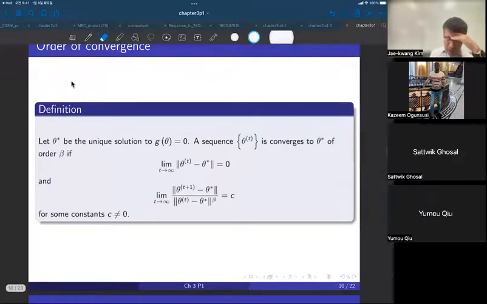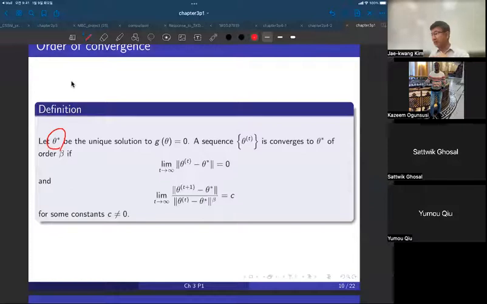So, order of convergence. Theta star is a limit, and you have a sequence that converges to the limit.